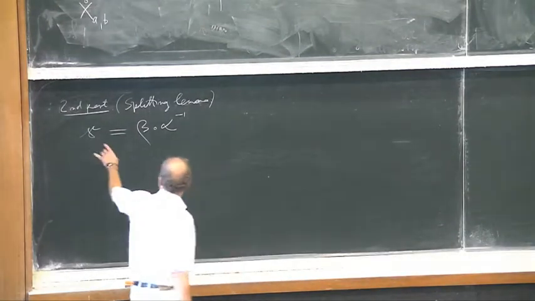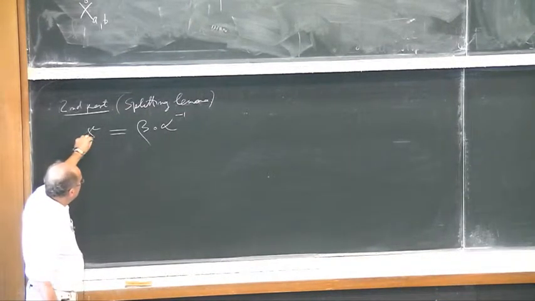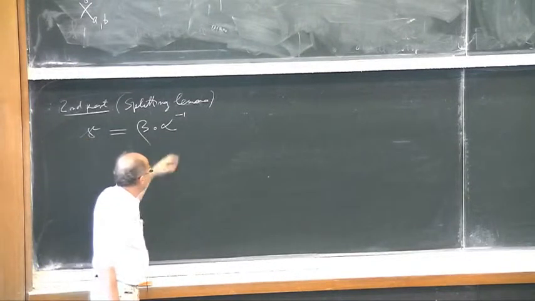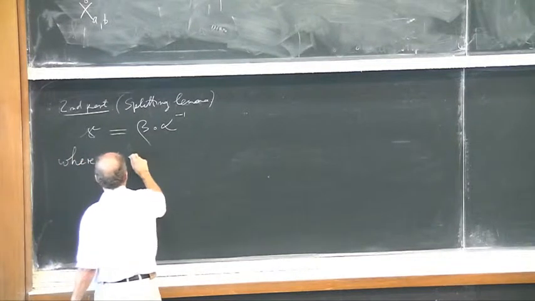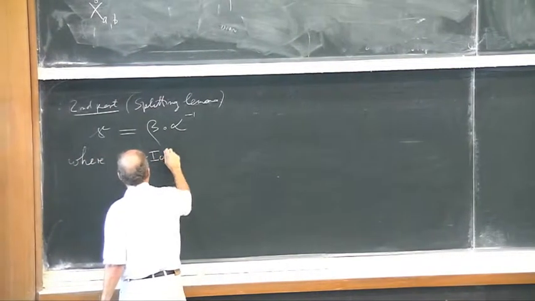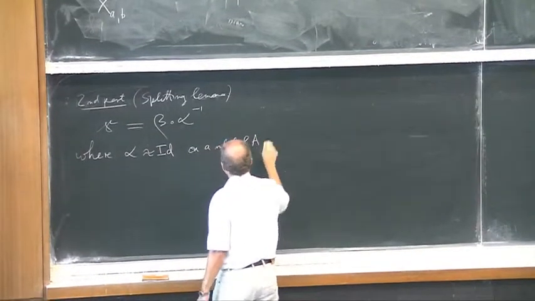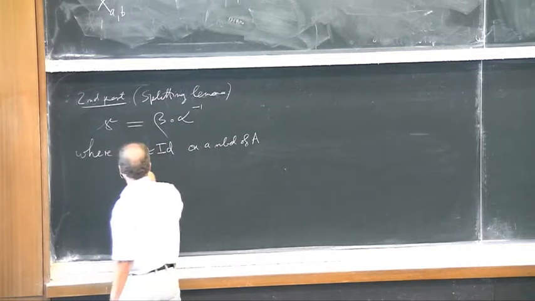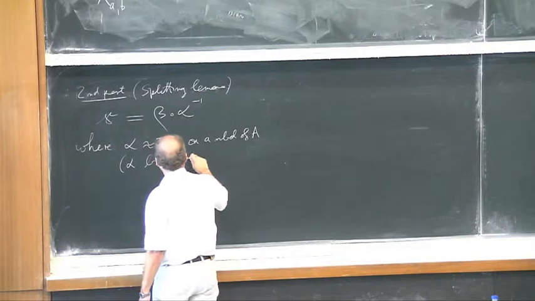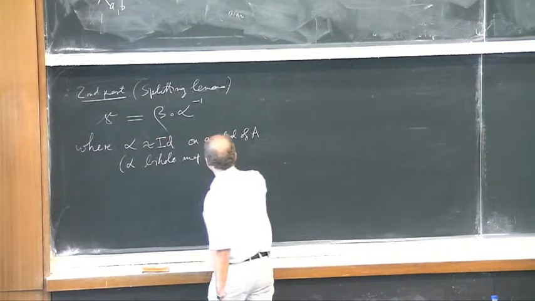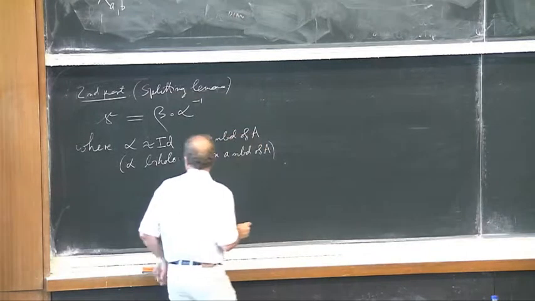So I'm on some fixed open neighborhood, and if gamma is close enough to identity on that fixed open neighborhood, then I can split it like this, where alpha is close to identity on a neighborhood of A. So this means alpha is a biholomorphic map defined on a neighborhood of A, and it's close to identity.